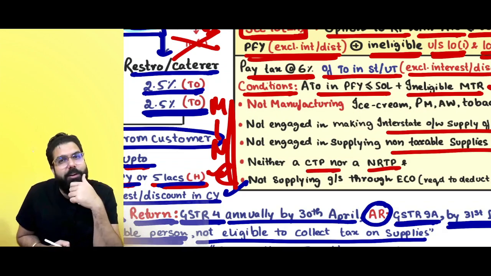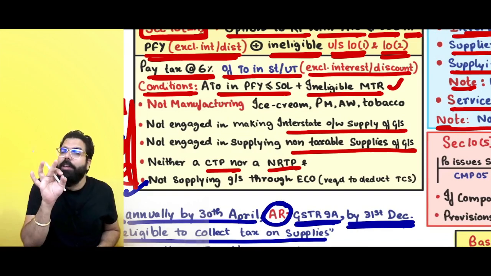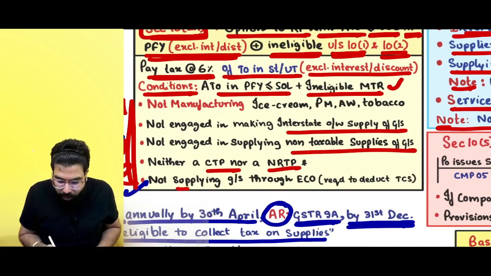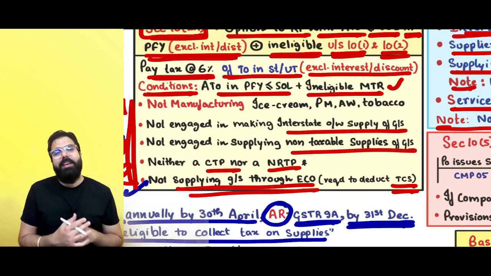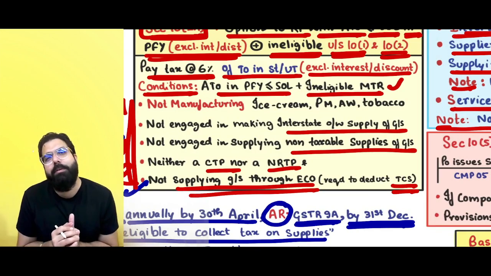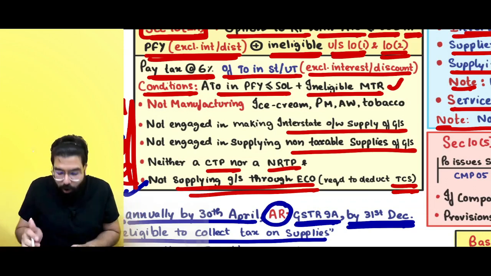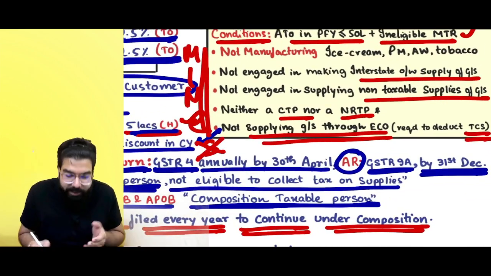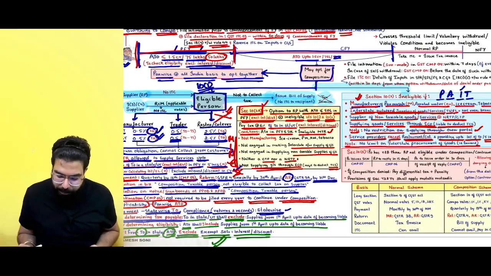NRTP or CTP, then also you are ineligible. As for, sir, S is not there, E is there. E is if you are supplying goods through e-commerce, who is going to deduct TCS, then also you are ineligible for section number 10.2A. Same as section number 10.2, only S is not written. Why? Because this is a scheme which is specifically for service providers only. Yes, sir. Point is clear.